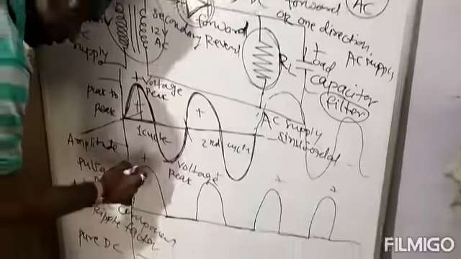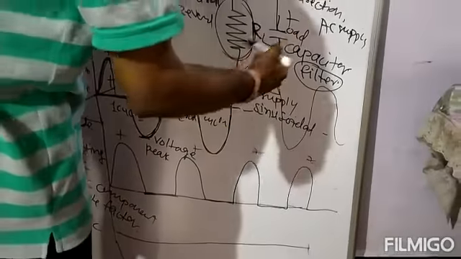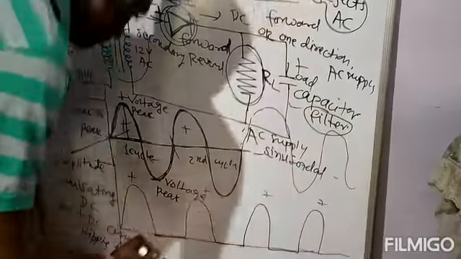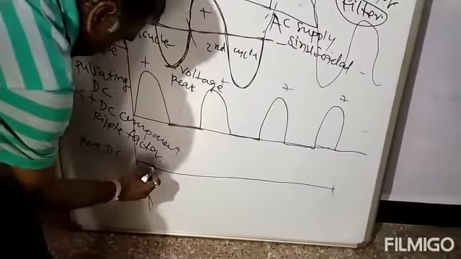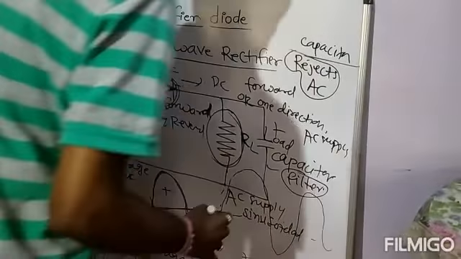So this AC supply will be rejected, and we will get a pure DC supply. The capacitor will store the pure DC here.